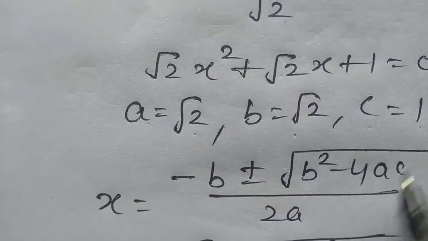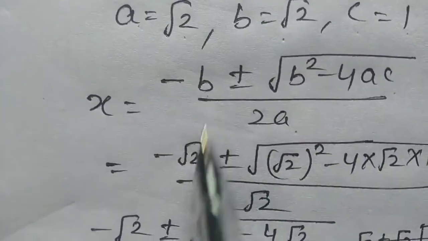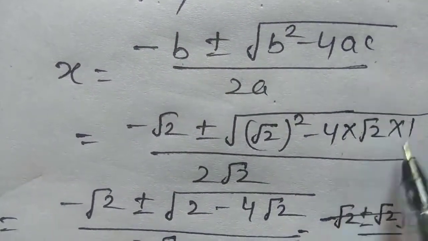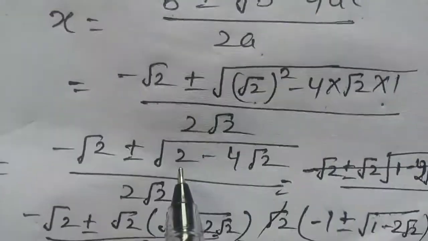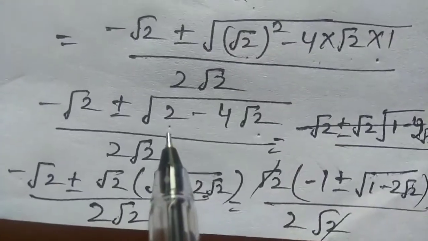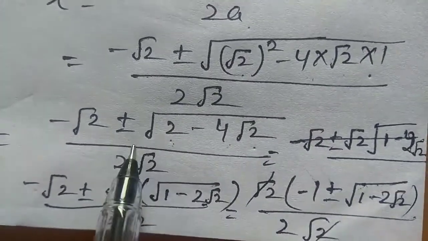Minus b plus minus root of b square minus 4ac upon 2a. It is root 2 square minus 4 into a, which is root 2, and c is 1. After solving we will get root 2 square is 2 and 4 into root 2 is 4 root 2. And we can take root 2 common from here.